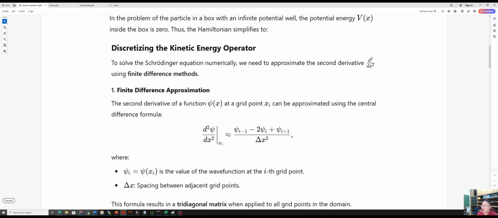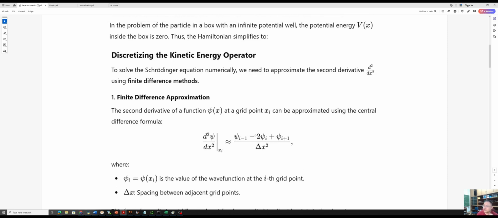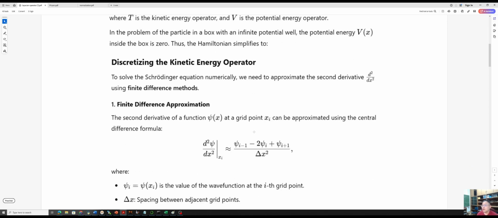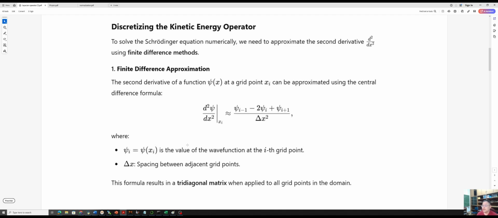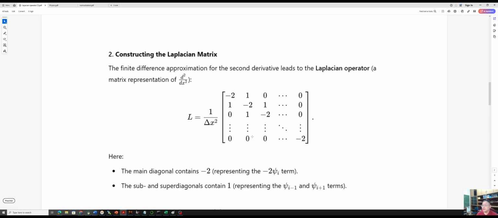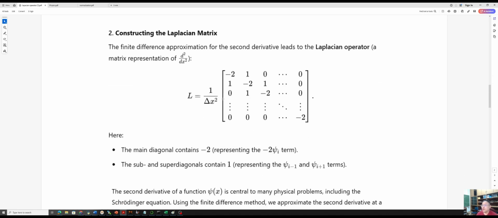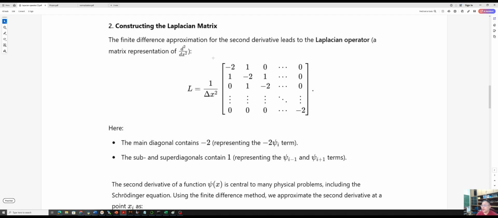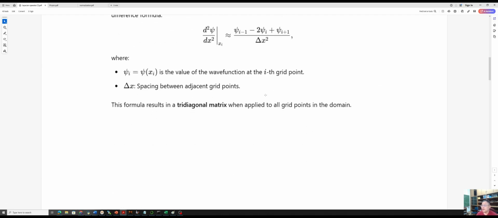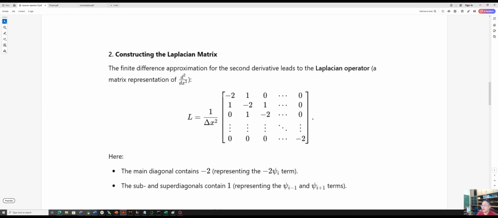So you discretize the distance from 0 to L into n points. Then you can create a Laplacian matrix, divided by delta x squared, with the -2, 1, and 1.